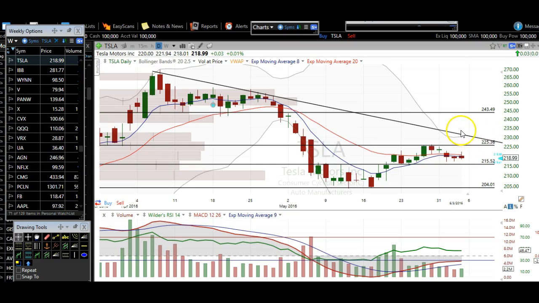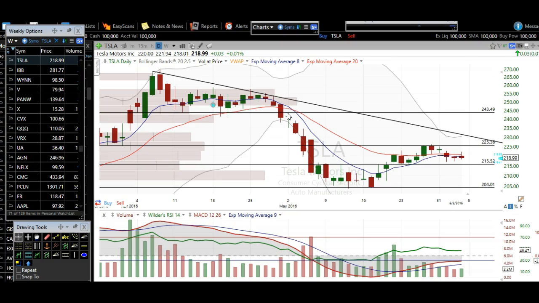If we break over this downtrend line as well as this 225, we're going to come up here and tag this resistance up here at about 244. This is a key resistance because we've got multiple touches along this level at about 244. So if we come up there, it's going to be a little bit difficult to break above that 244 level.